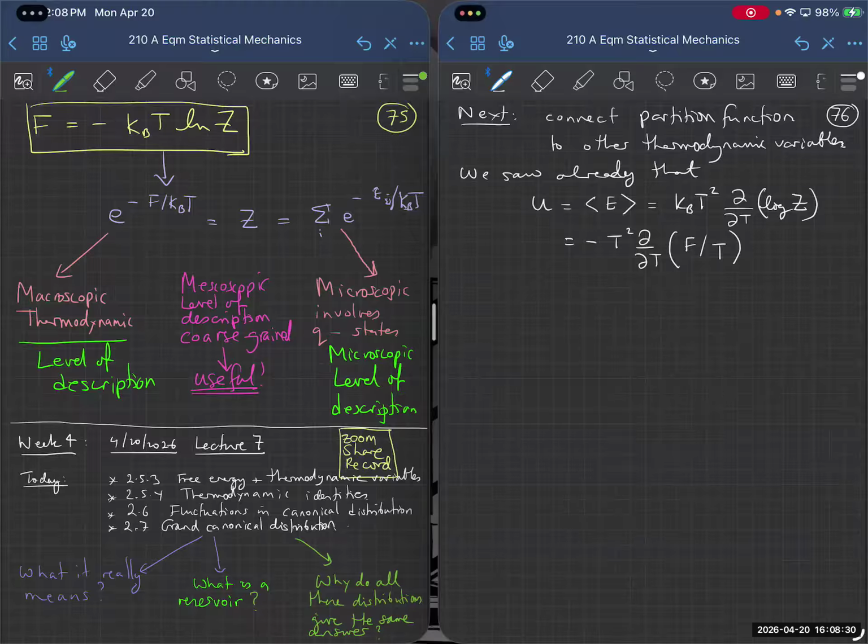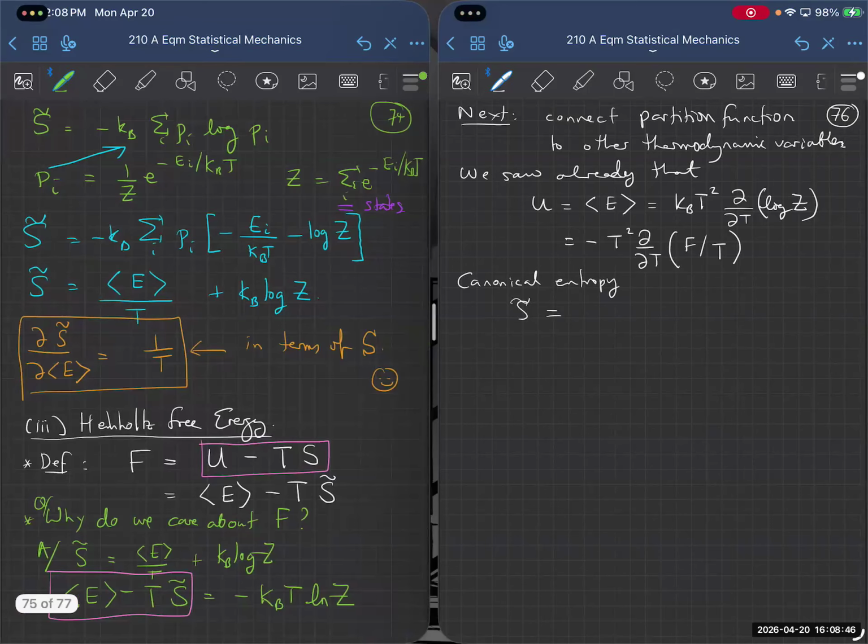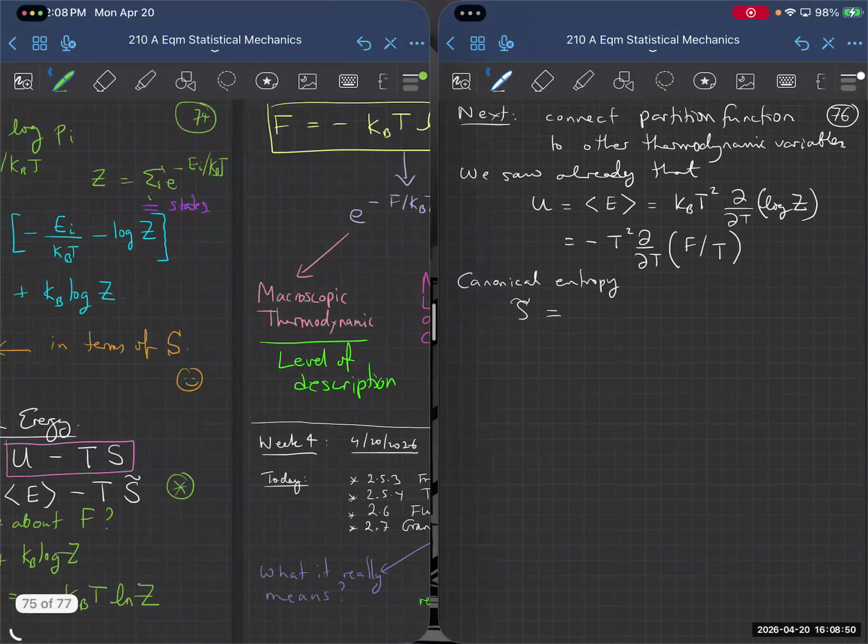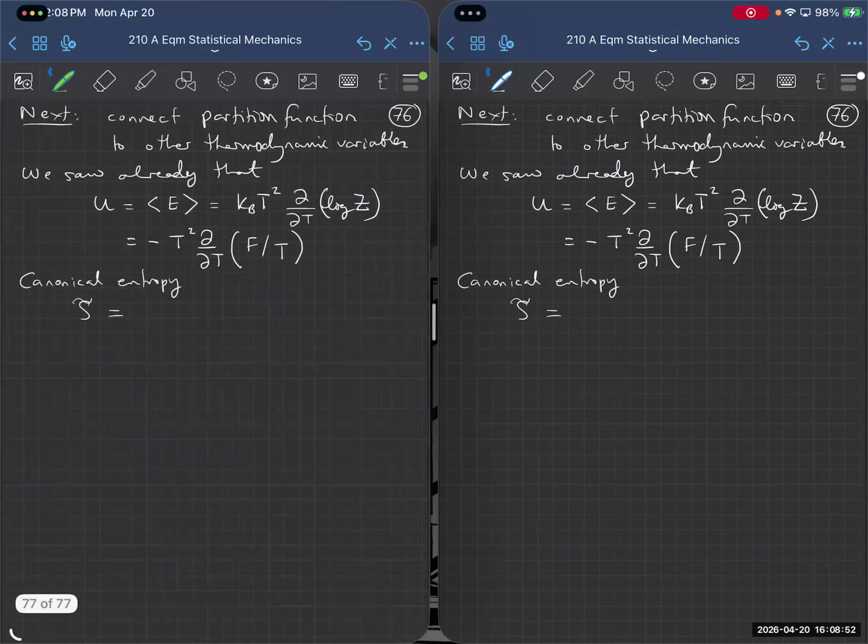Now, if I want to know the entropy, last time we introduced the canonical entropy, which I wrote as S tilde, given by this definition over here. I simply take the definition of the free energy and make S the subject.